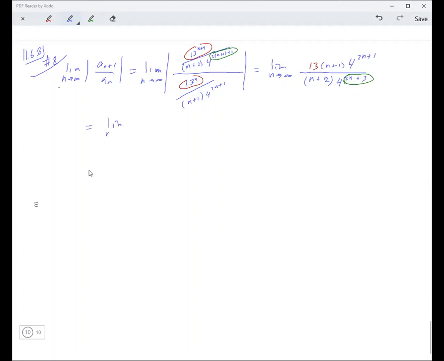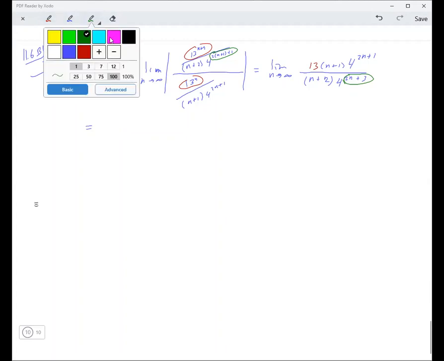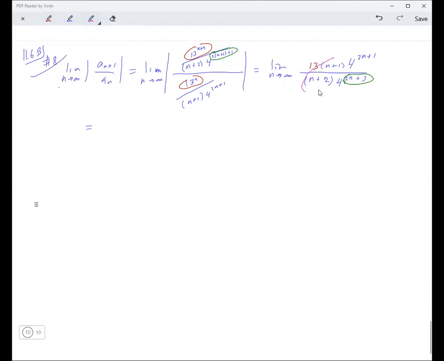Now we can try to resolve things. So now let's take a look and see what happens to each piece. This part right here is just going to go to 1. So we'll end up with the 13 right here. And then here we have 4 to the 2n plus 3. This is 2n plus 1. The 2n's will just cancel each other off, and 3 minus 1 is 2.